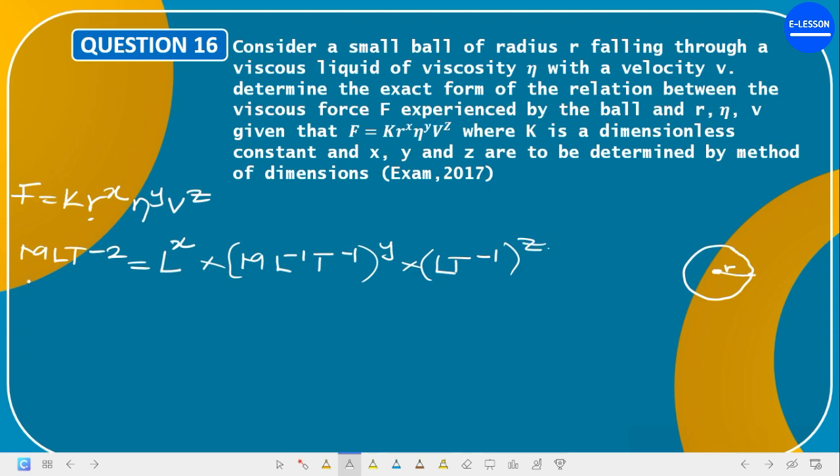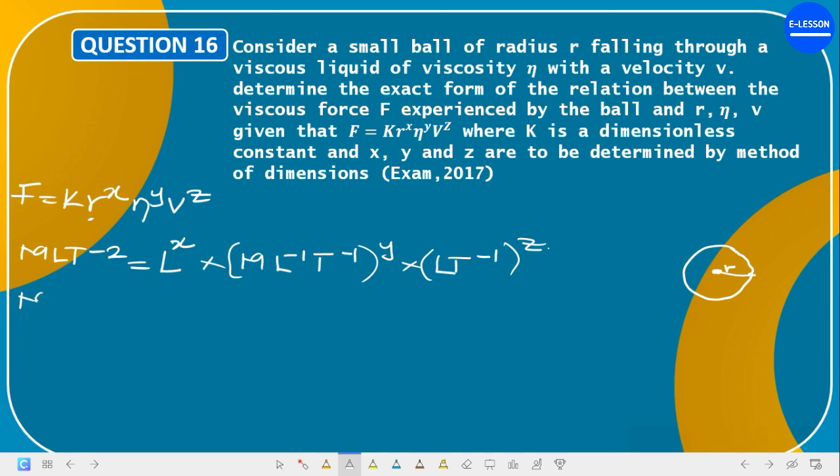Now this is raised to the power of z. So in this part of the equation, you see that you have M, you have L, you have T. So you don't need to raise anyone to the power of what? 0. Now note that M standing on its own means M raised to the power of 1. L standing on its own means L to the power of 1. And then we have T^-2 equal to this.